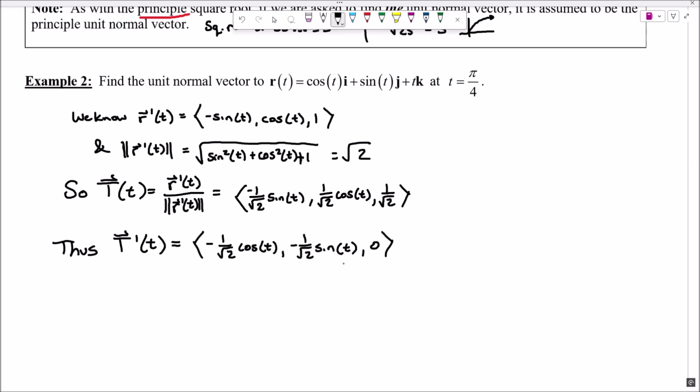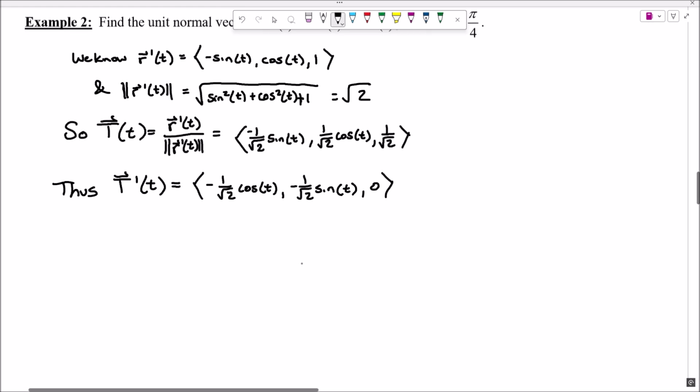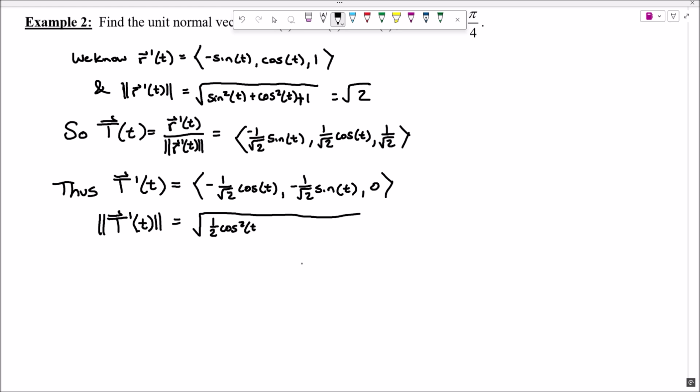So I need to find the length of this vector, and then I can do the division. I'm going to calculate the norm of my T prime. If I do this, I have to square each of my components. That's going to get me a 1/2 cosine squared of t plus a 1/2 sine squared of t plus a 0.